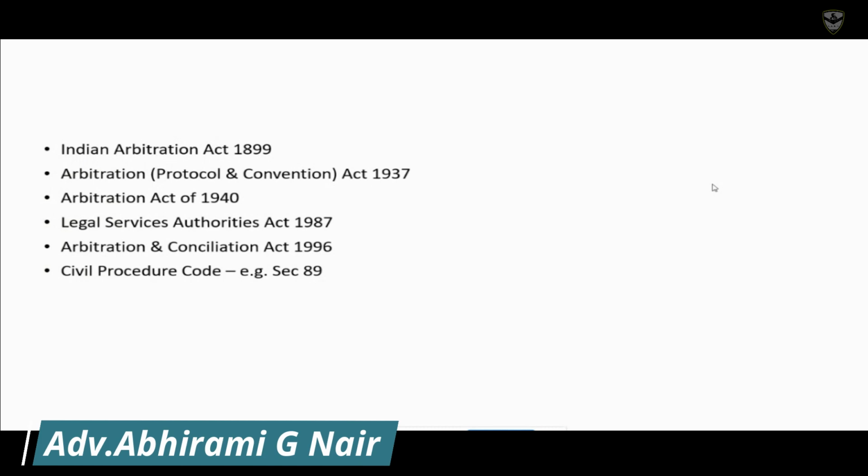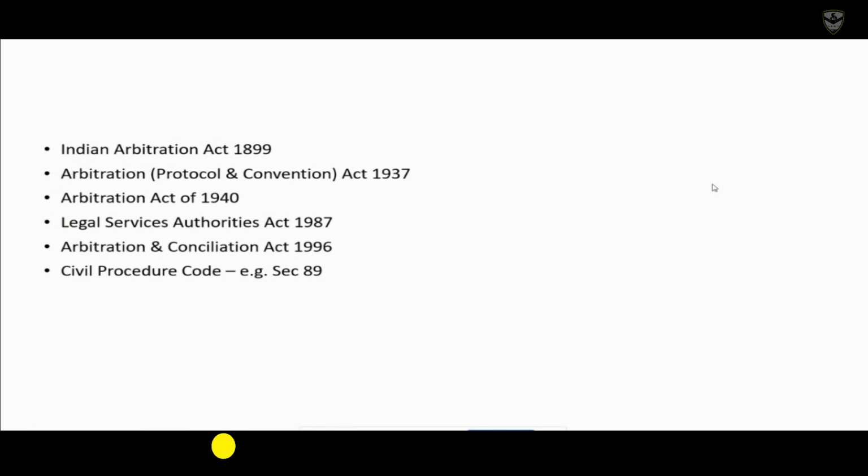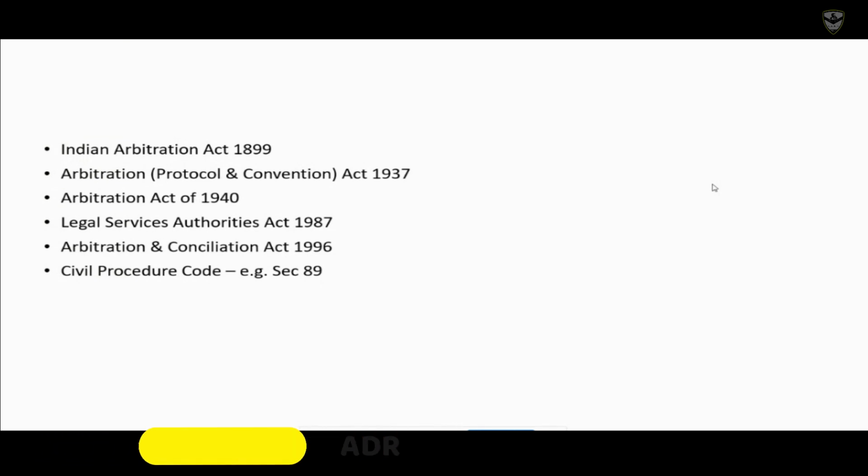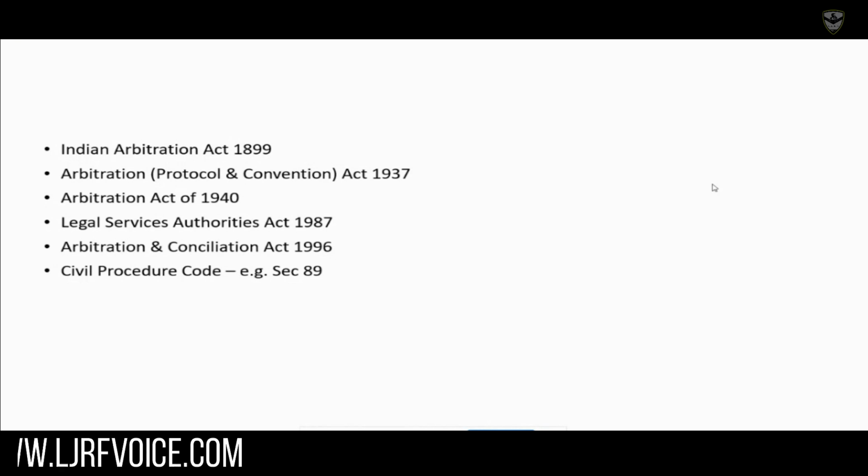Under Section 89 of the CPC, if the court believes that a dispute can be settled without its intervention, it can refer the dispute for arbitration, conciliation, mediation, or settlement through a lok adalat.